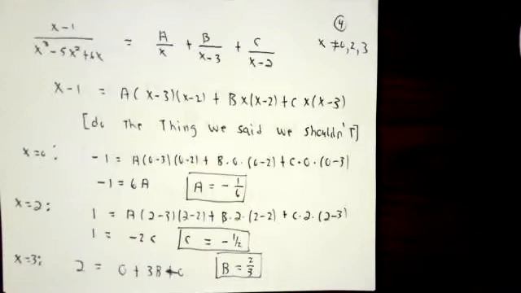Now, we just explicitly said a minute ago that I should never stick x equals 0 or 2 or 3 into this thing. So naturally, that's what we're going to do.